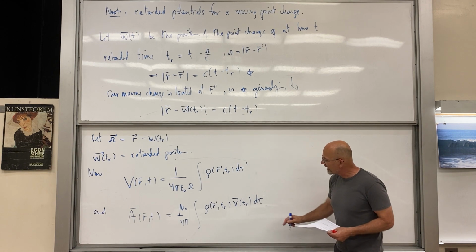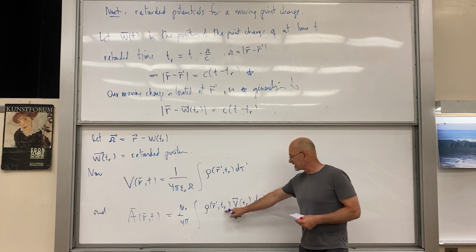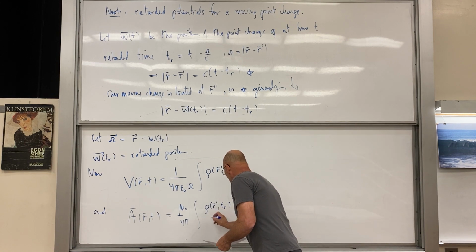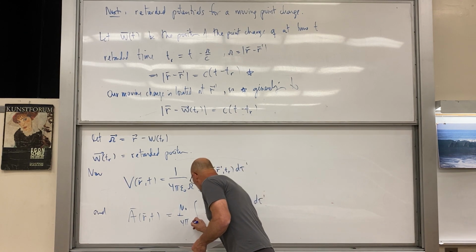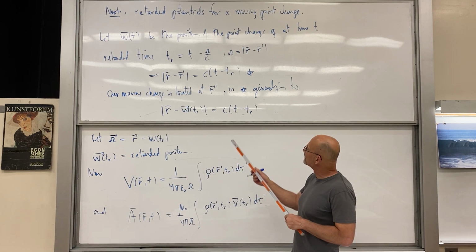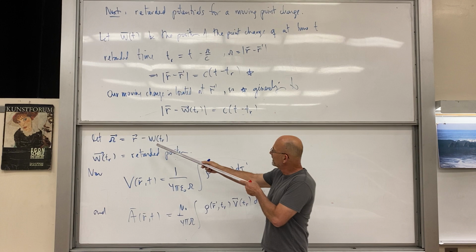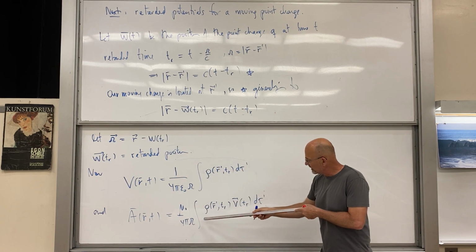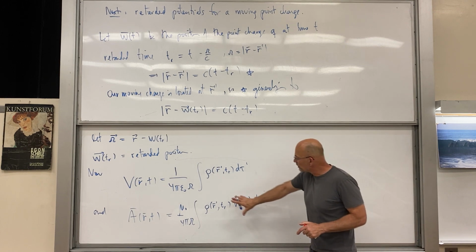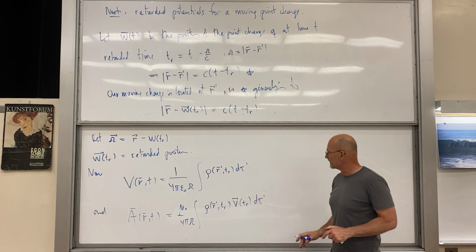Okay, so that's my current density. Check that out. I can pull out the R here, which is this one. I can pull it out of the denominator there. But in the numerator, I have to do something with this.